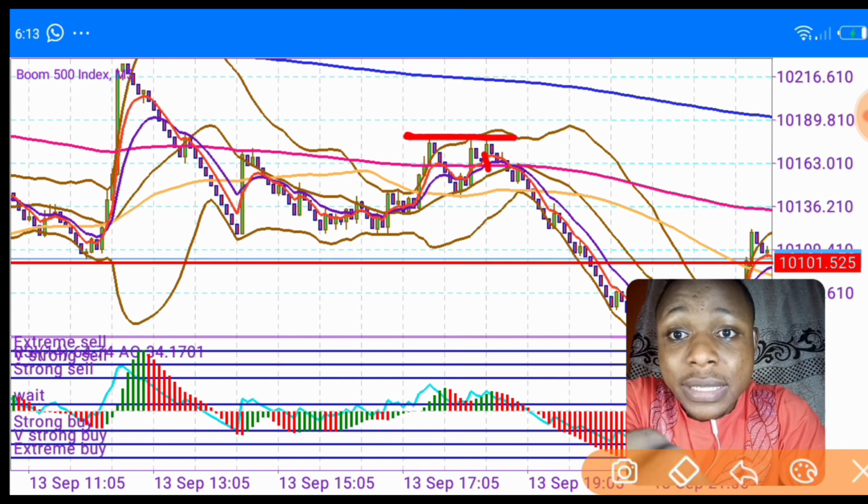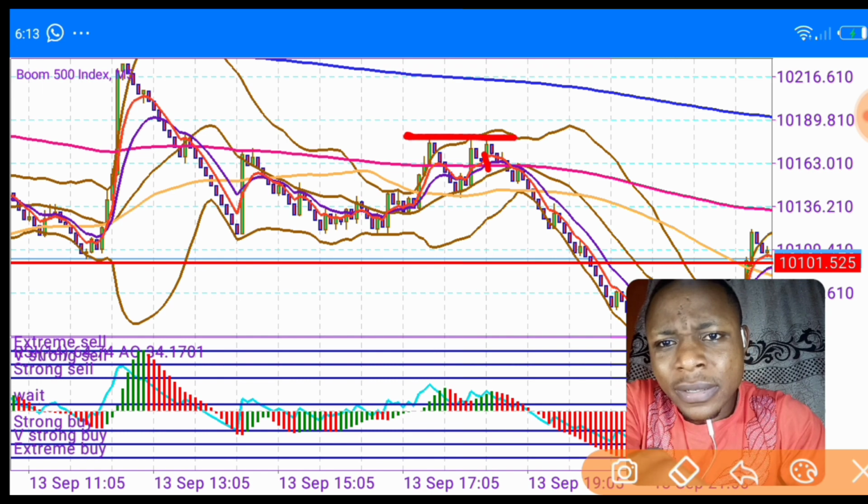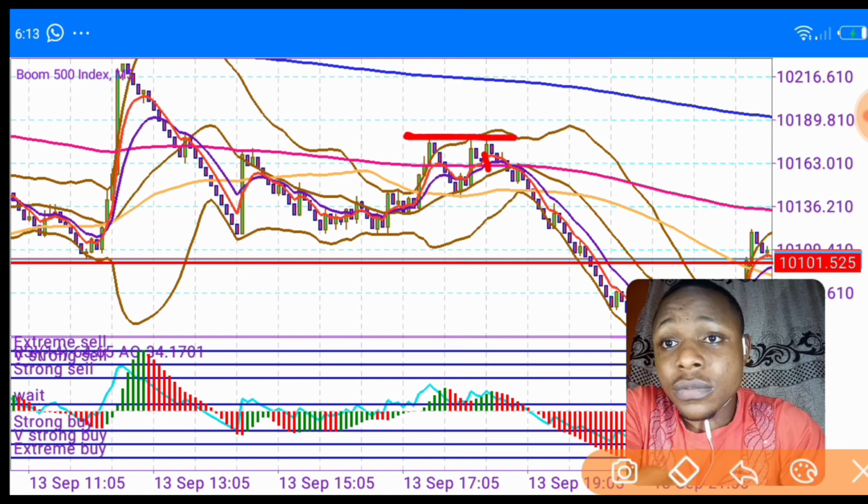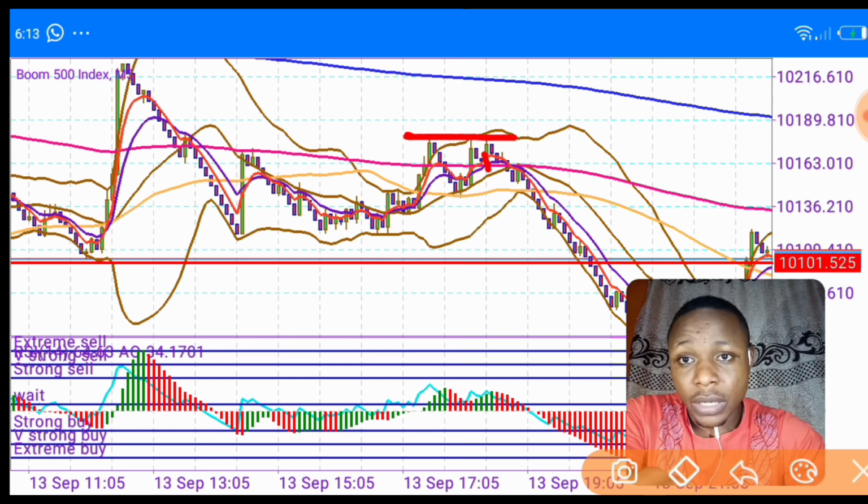When spikes are hitting a particular level, do you understand? When spikes are hitting a particular level and can't spike beyond that level, maybe 2 times or 3 times, prepare for a longer pullback.